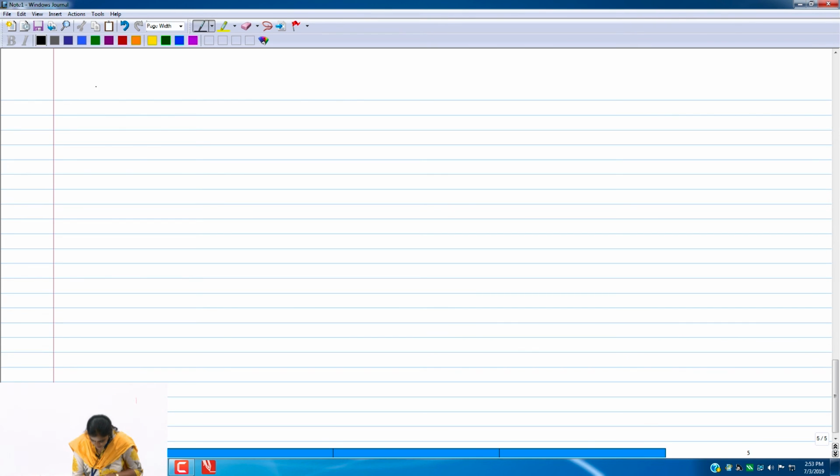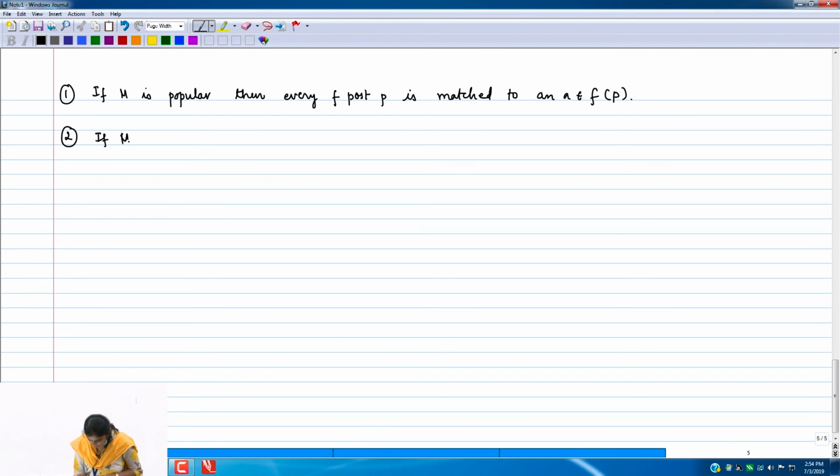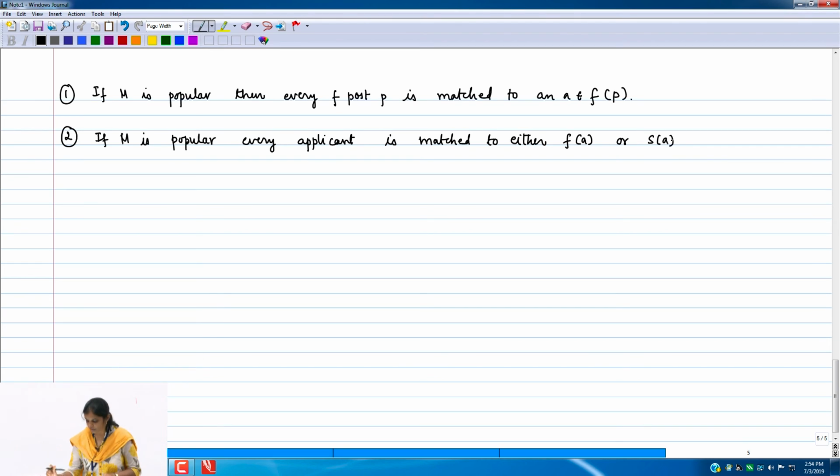So what we know is that if M is popular, then every F post P is matched to an A belonging to F of P. Now we will make the second claim, that is, if M is popular, every applicant is matched to either its FA or SA.